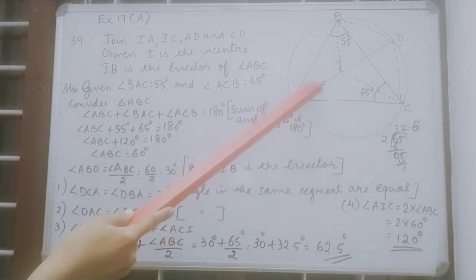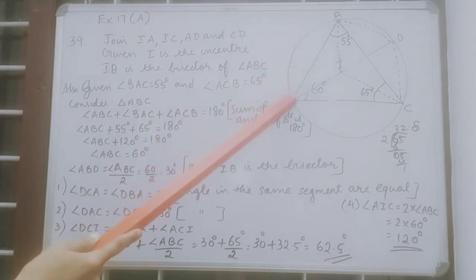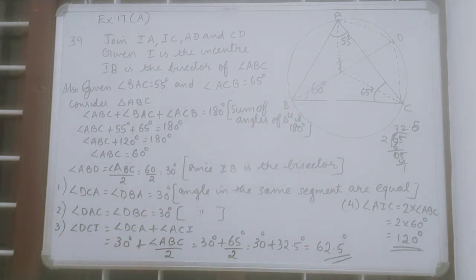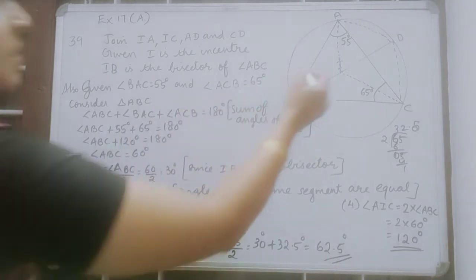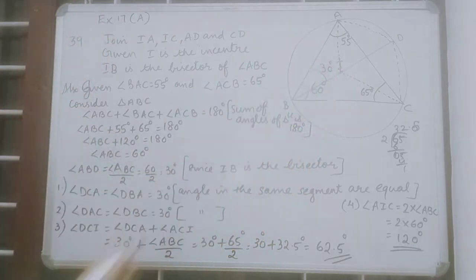Now we got angle ABC as 60 degrees. So what about angle ABD? It will be half of 60 degrees. So this angle ABD will be 30 degrees.